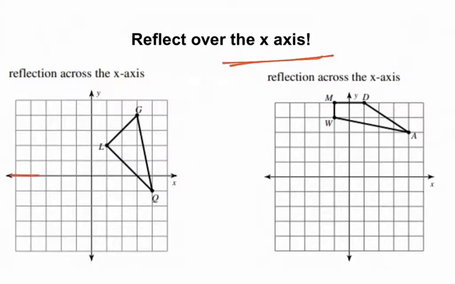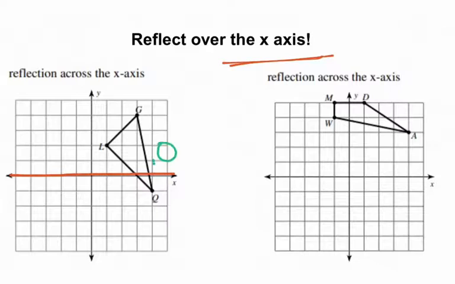So down here, this is our x-axis. So each point, we are just going to flip over the x-axis. So if we look at the point Q, it is one box away from our x-axis, our red line. So we're going to move it straight up and 1 point away.